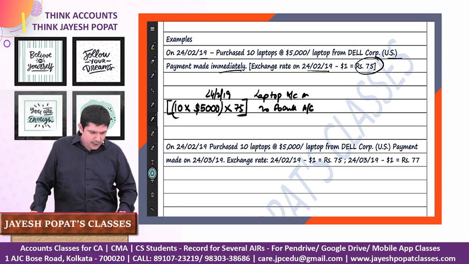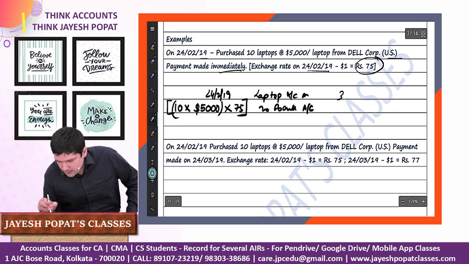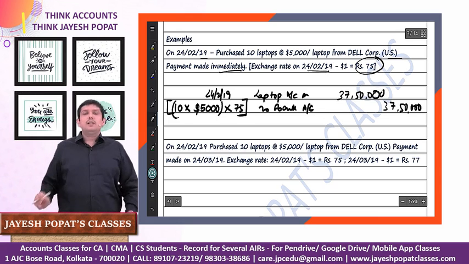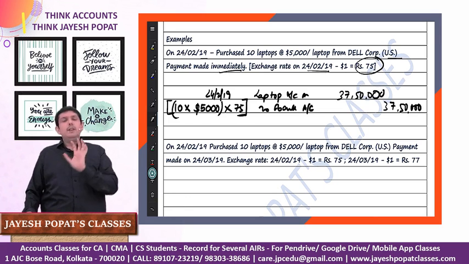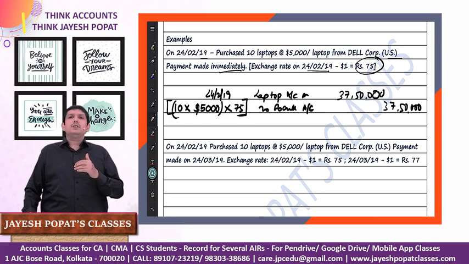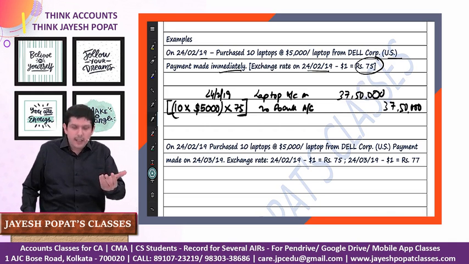So basically $50,000 into 75. This gives me 37,50,000 as the transaction. In this case, see, there is no exchange difference. Why is there no exchange difference? Because the transaction has taken place and has settled on the same day, right? We don't need to report the same number of units of foreign currency at two different rates.